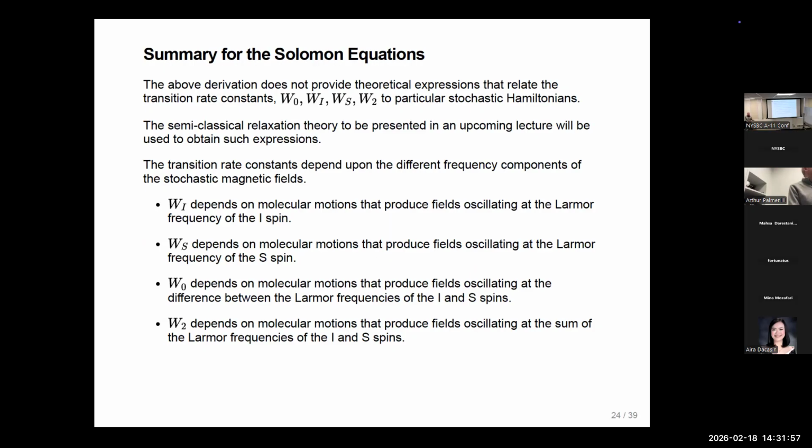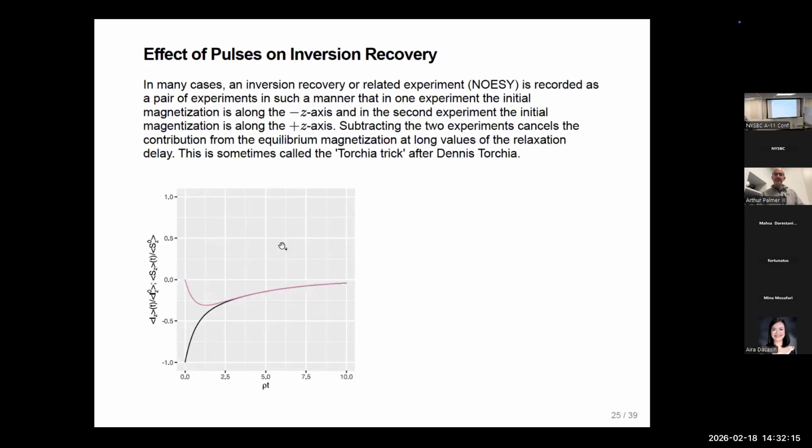We'll leave that aside for a little bit, but it'll turn out that these W's depend on random motions in the molecule at frequencies that match the energy gaps. And that's probably a good place to stop our first toe in the water about relaxation.